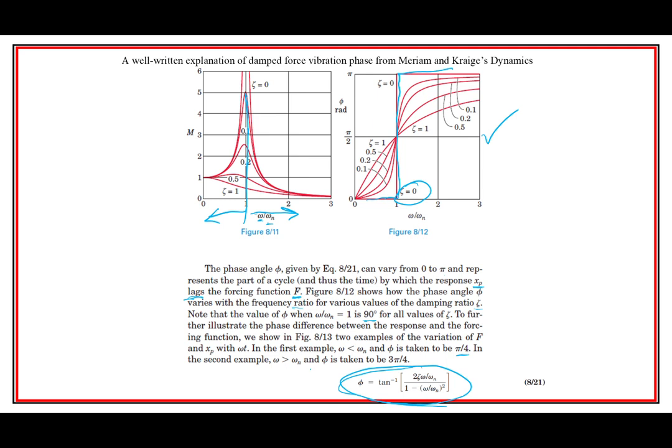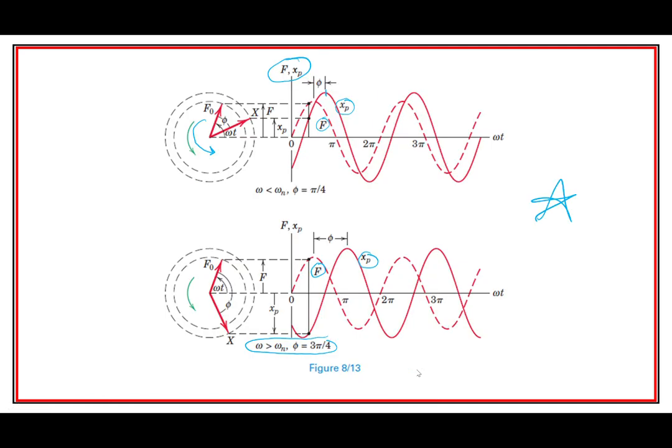In the second example, this phi is taken to be 3 pi over 4 for that lag, which is still, that's what, 135 degrees. Yeah, okay, sure, 135 degrees, and you can see that the angle has now taken over here, right? So F is still leading as far as I can tell.